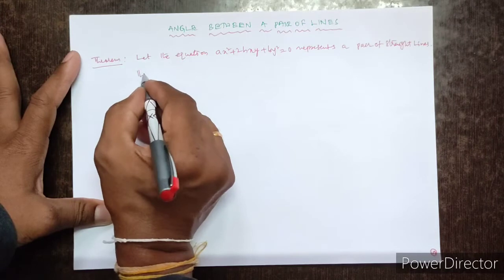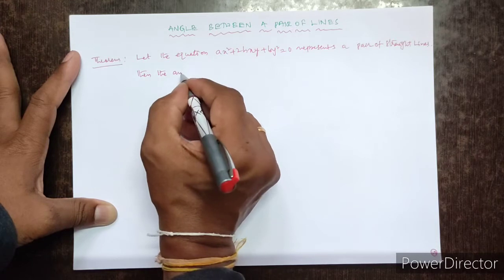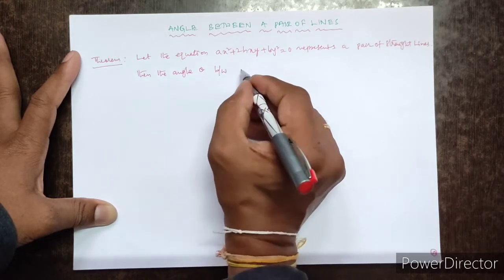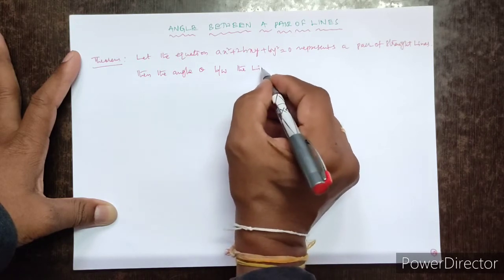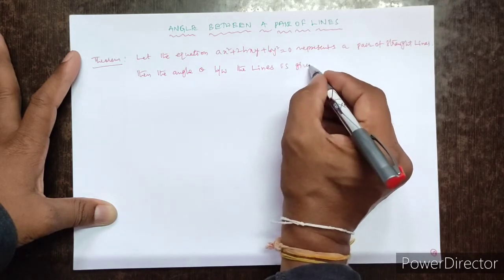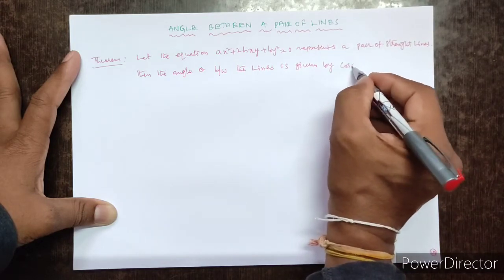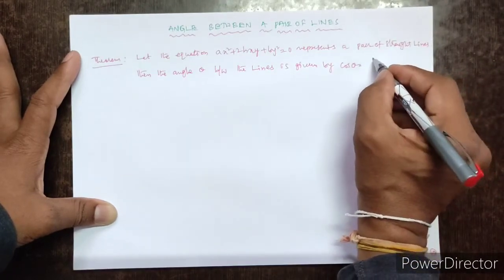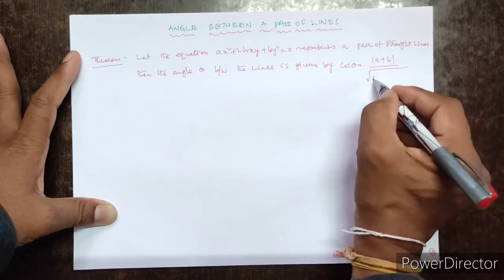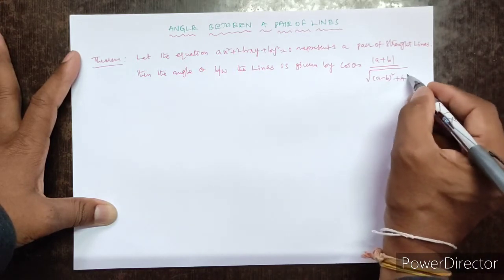Then the angle theta between the lines is given by cos theta equal to modulus of a plus b by root of a minus b whole square plus 4h square.